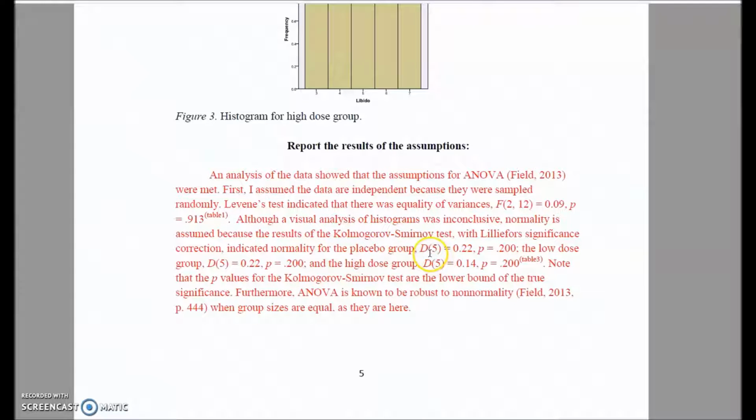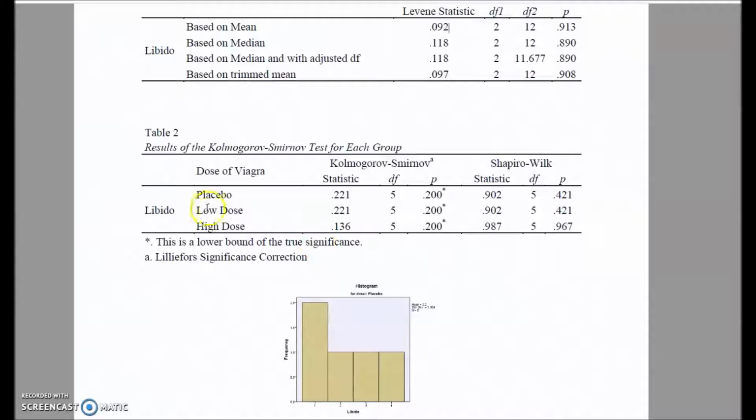D is the statistic. D is italicized. Where do I get this 5 from? Placebo, this is my degrees of freedom, 5. So D(5), and this is the statistic. I only report 0.22, and for low dose 0.22 and 0.14.